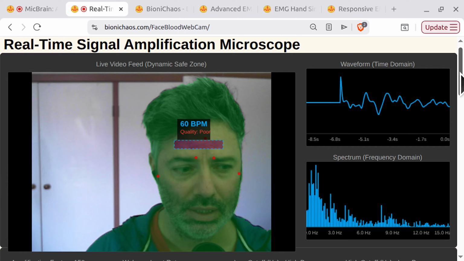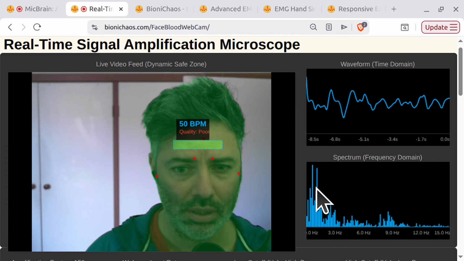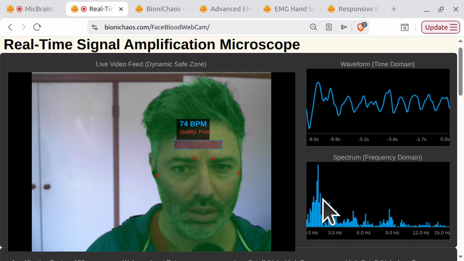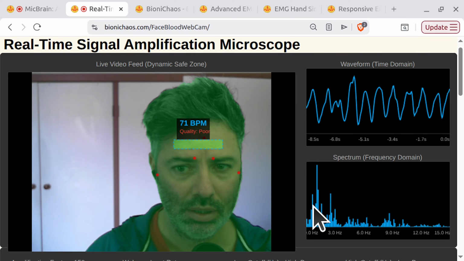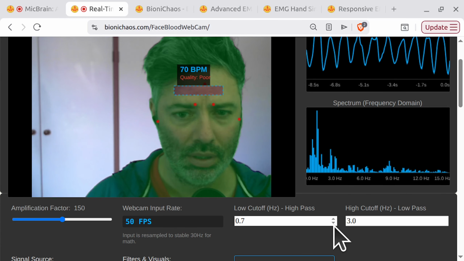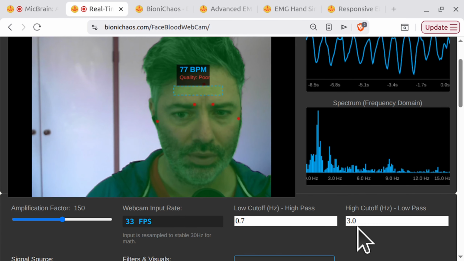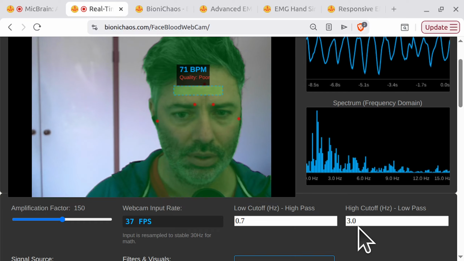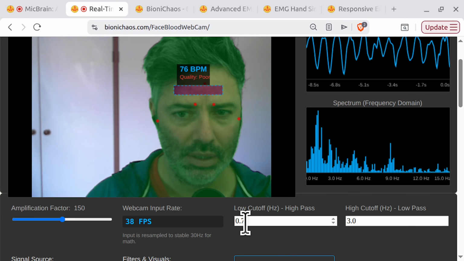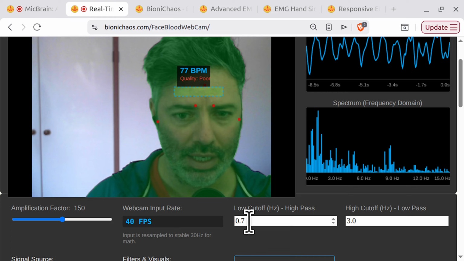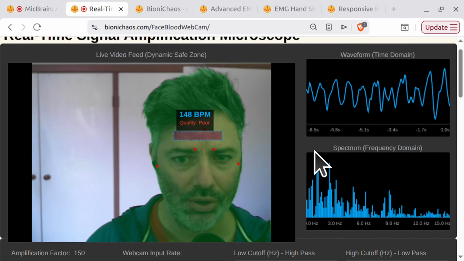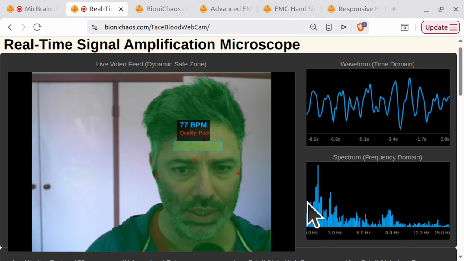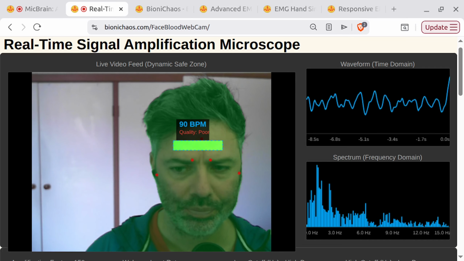But now you see that the high pass is cutting any frequency below 0.7 hertz, so you essentially remove the DC component.